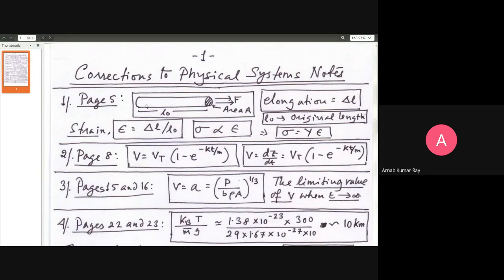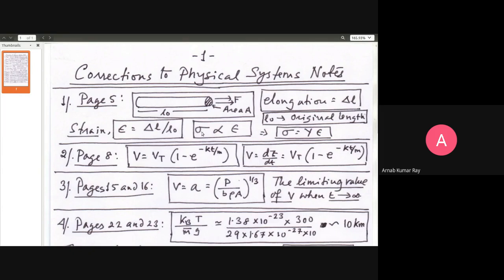So on page 5, you have this: L naught is the original length, F is being applied across the area of cross section, and as a result, this wire will get stretched and you'll have an elongation of delta L. L naught is the original length. So the strain epsilon will be equal to delta L by L naught.